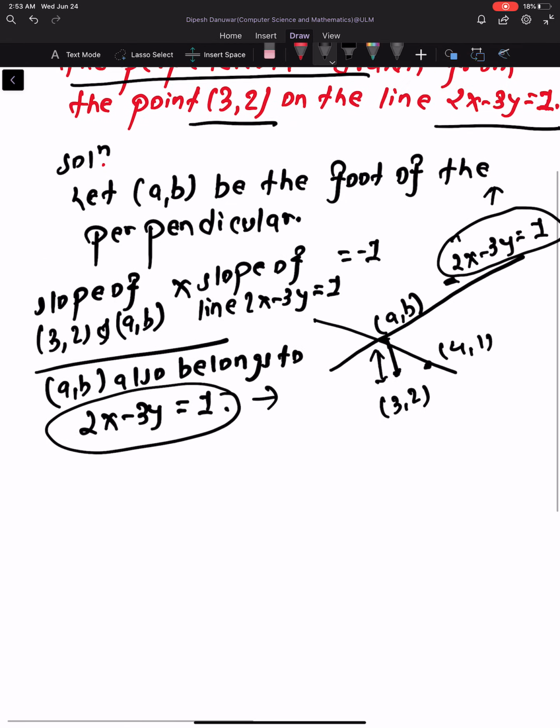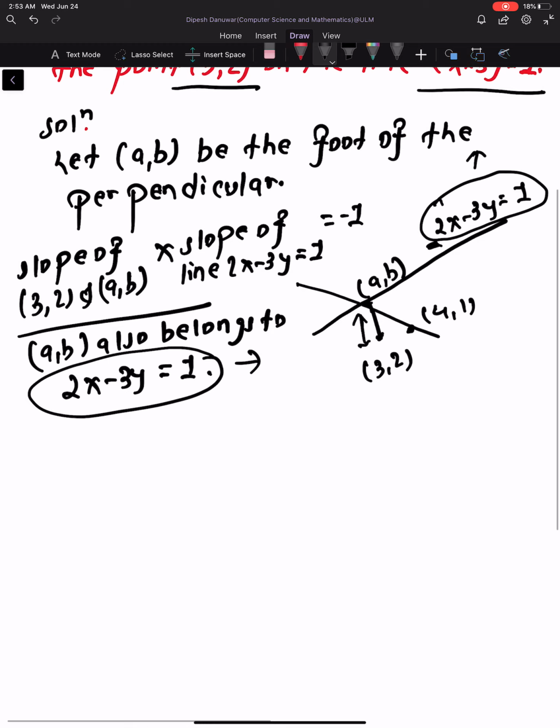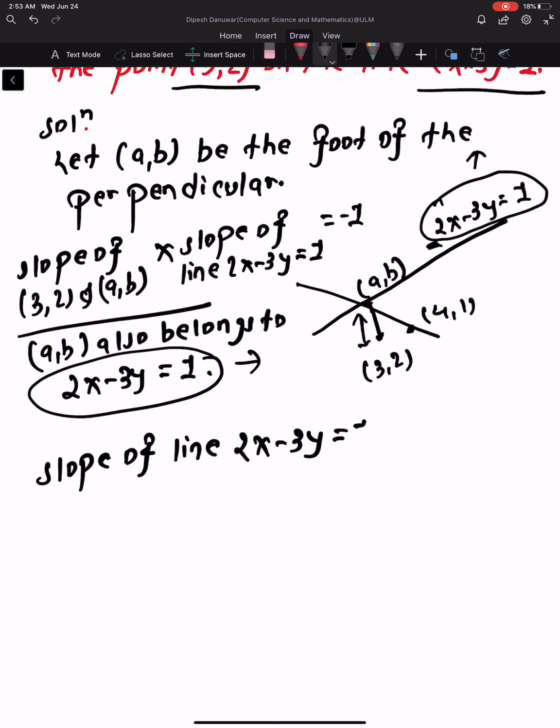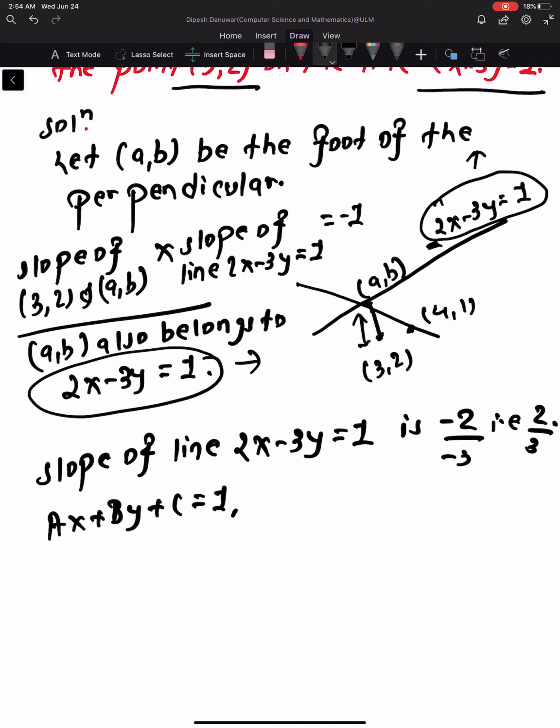So now let's find the slope of the line 2x minus 3y is equal to 1, which is -2 by -3, that is 2 by 3, right? So how did I do that? When you have the equation ax plus by plus c is equal to 0, the slope is equal to -a by b.